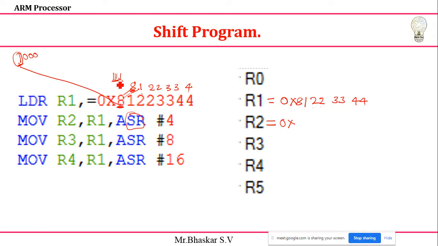If it is 1 1 1 1, it is F. So I'll get the value F. Okay, F, sorry, F8, 1 2, 2 3, 3. Is it clear how we are getting this?